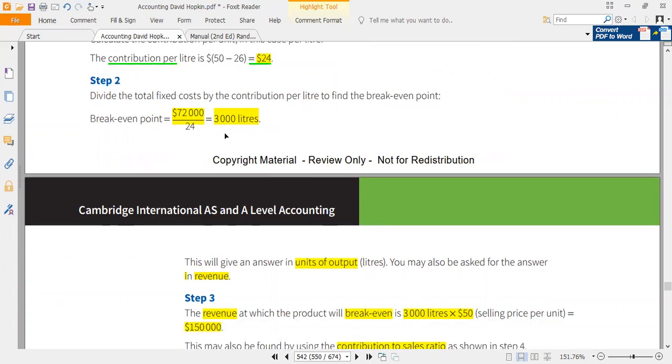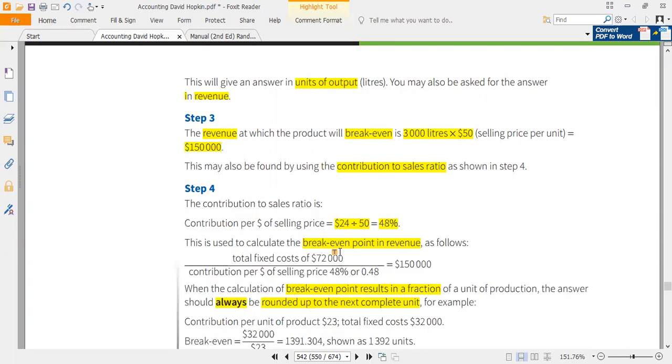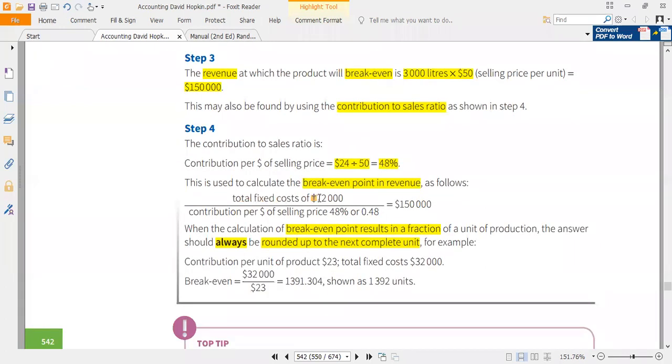And if you divide the 72,000 fixed cost by the contribution ratio, that is 48% or 0.48, whatever answer you get would be your sales in revenue.